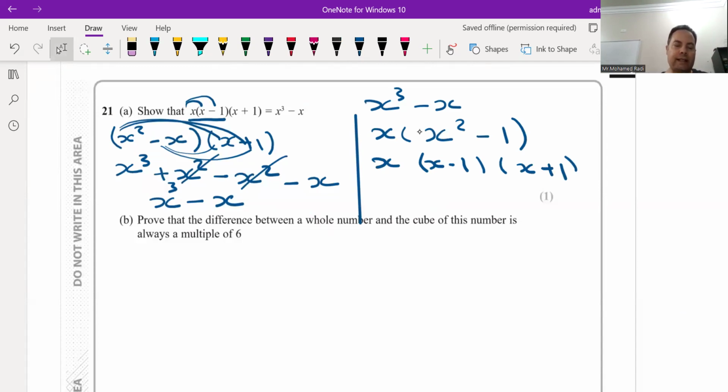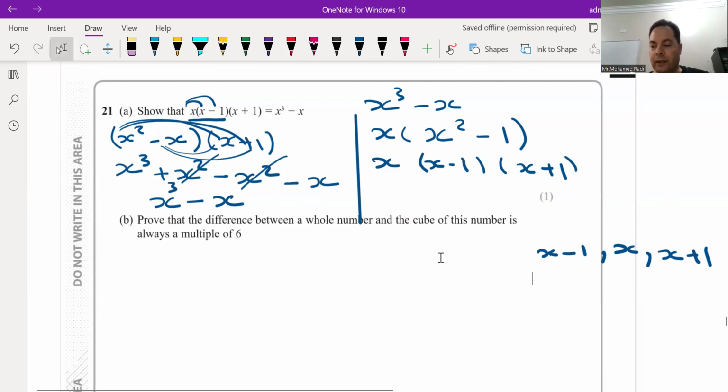Before looking at part B, if you look at part A, it's x minus 1, x, and x plus 1. This is called a product of three consecutive numbers. If we write x, the next integer will be x plus 1. The previous one will be x minus 1. You will need this point, a product of three consecutive numbers.